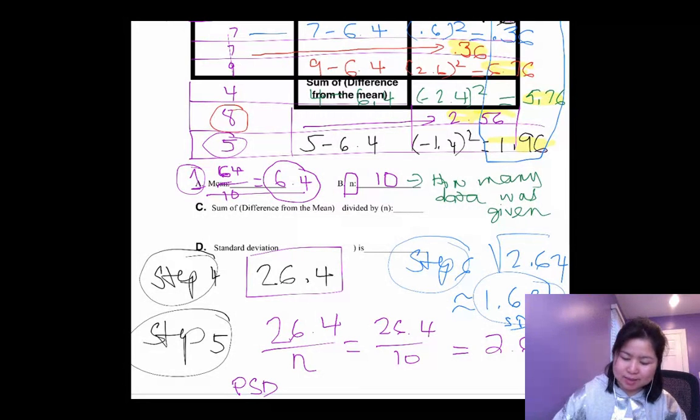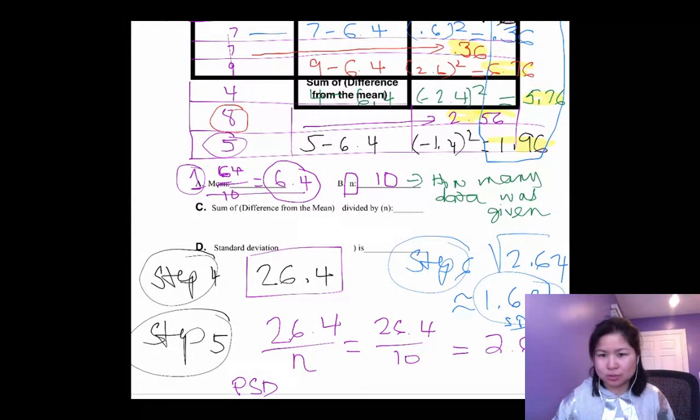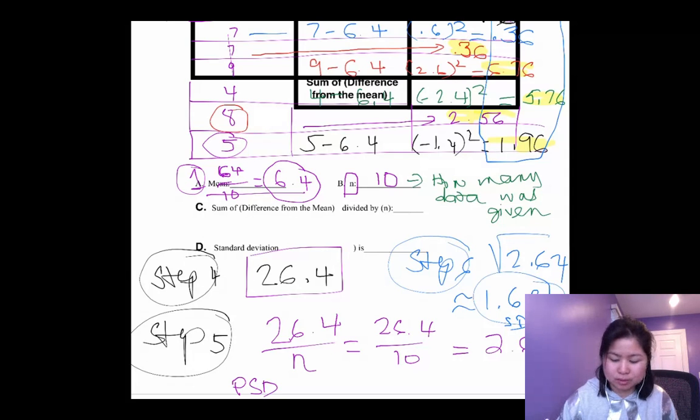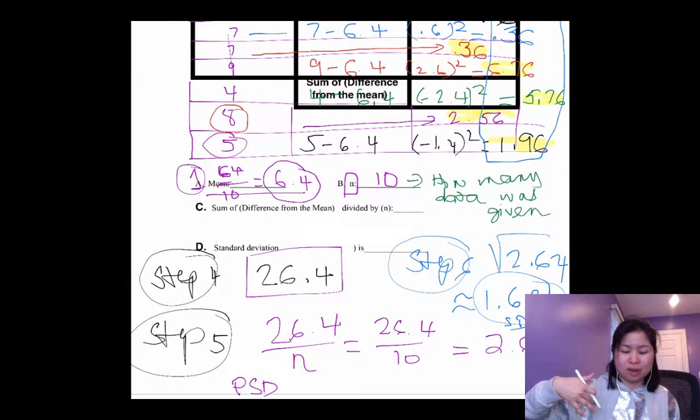Did you miss what I said about how to get to step 6? The last one I said, I just went over how to get to step number 6, which is I find the total for step 4, and then I took that value and divided by 10 because I have 10 values.